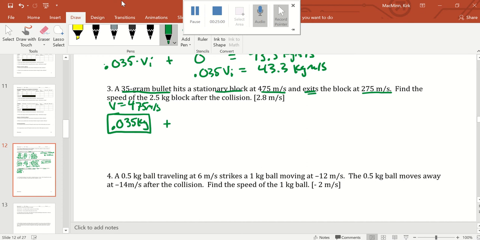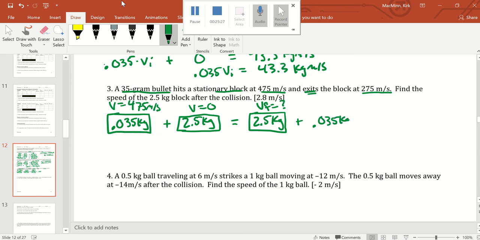We also have a block, which is a 2.5 kilogram block in this problem, was stationary, which is another word for at rest, equals, and then after the collision, we're going to have the block, which will be moving at some unknown speed, we'll write Vf, and we're told that the bullet, which had a mass of 0.035 kilograms, continues moving at 275 meters per second after passing through the block.